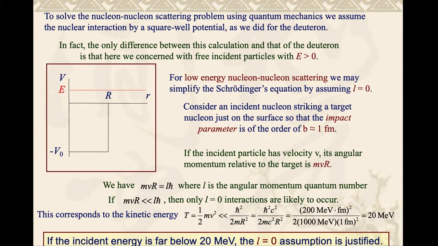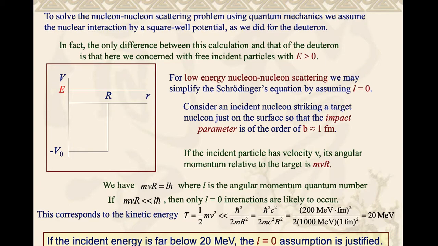You can visualize the impact parameter as the shortest distance between the track of the incident particle and the center of the target nucleon. You can draw a line through the center of your nucleon, and you can track the direction of the incident nucleon, which will be a straight line.